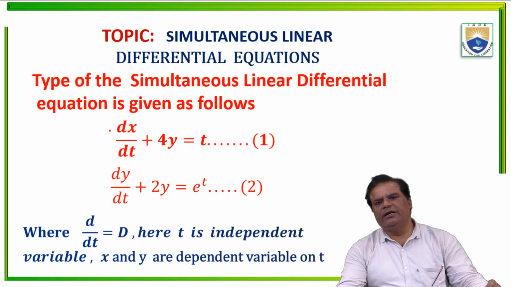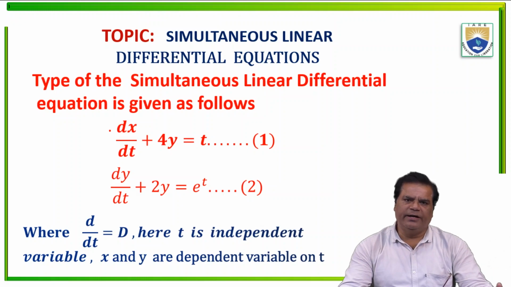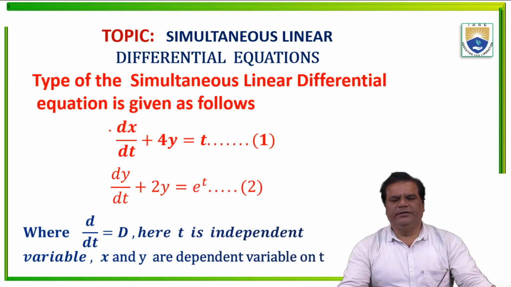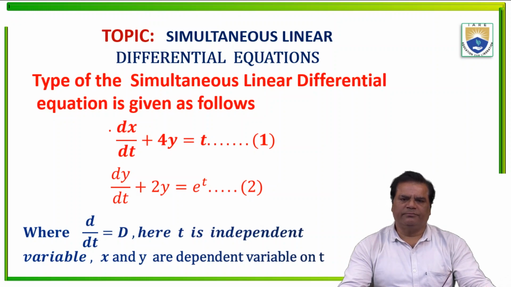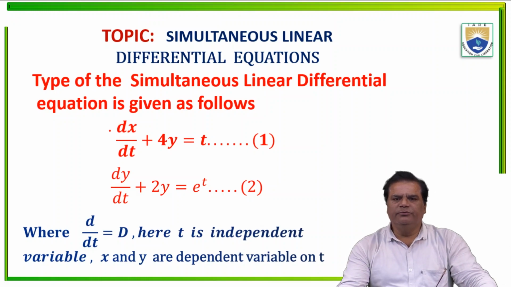If only a single linear differential equation is given, then we cannot find the solution, because there are two variables occurring simultaneously. Then it is compulsory to have two linear differential equations. With the help of equations 1 and 2, we can find the values of the two dependent variables.